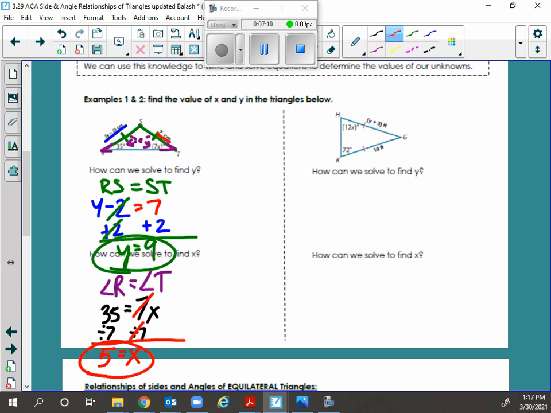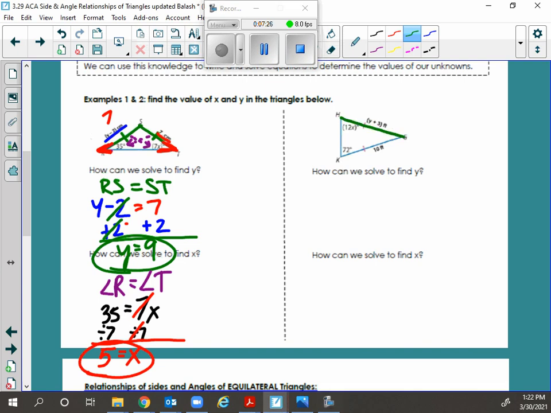Take a moment and try the one on the right by yourself. It works the exact same way as what we just did. Okay, so let's go over this one. I have to think what two sides are equal.